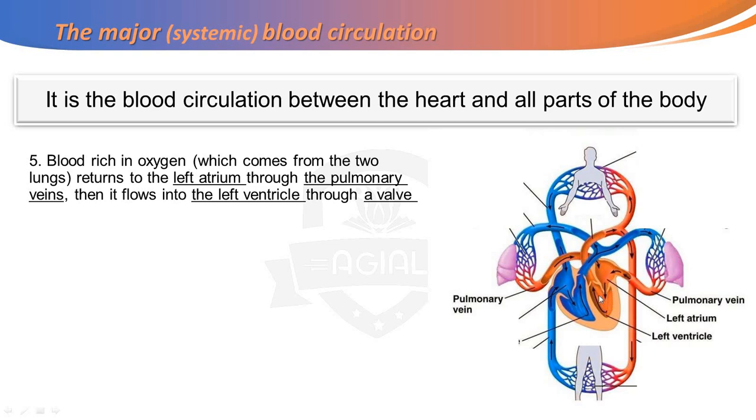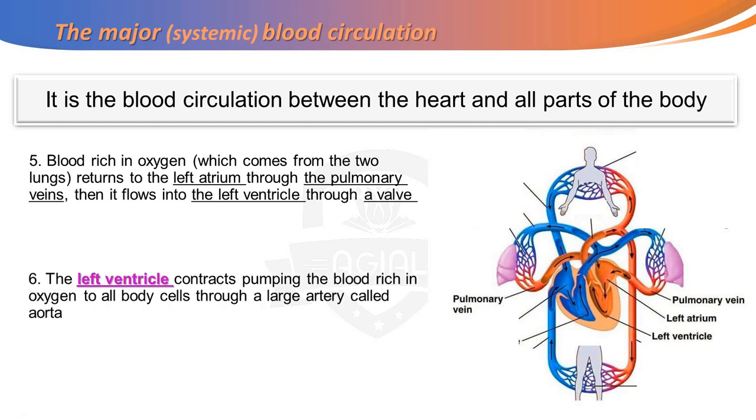So now the blood in the left ventricle is full of oxygen. Now it wants to go to all the body parts, so it will pass through the aorta to go to all the body parts.